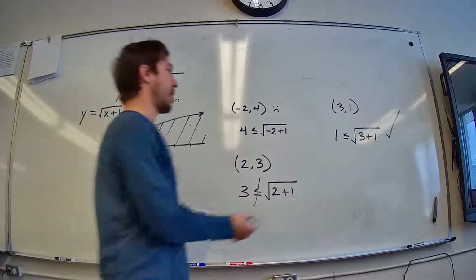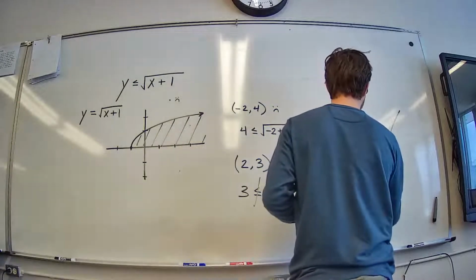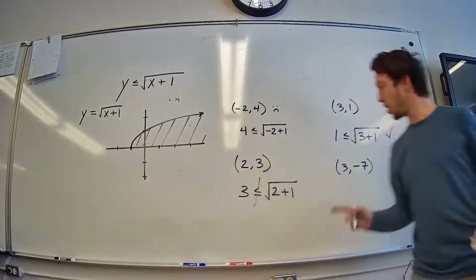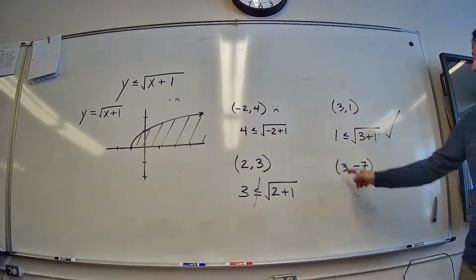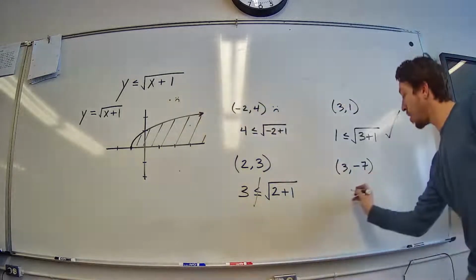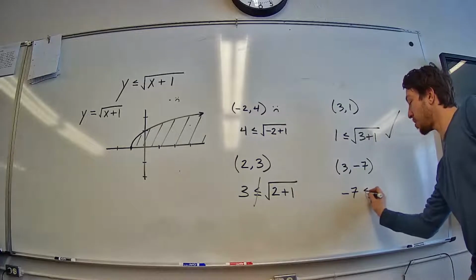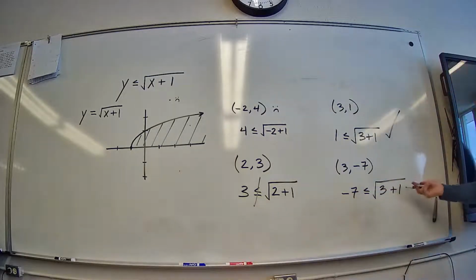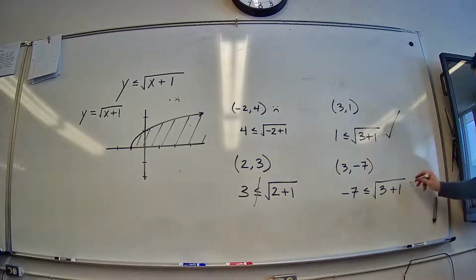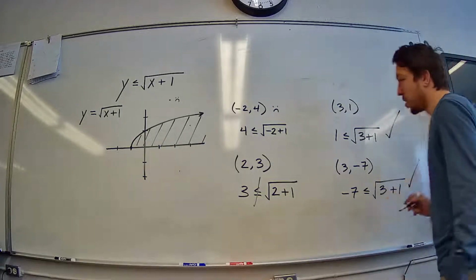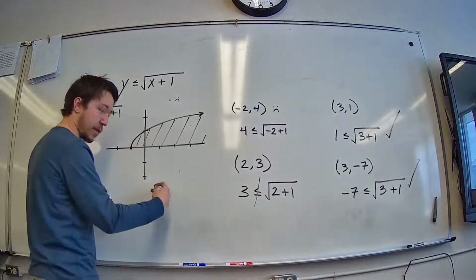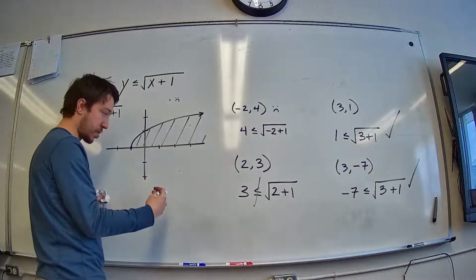Let's try one out. How about a point like 3, -7? A point way down here. Does that satisfy this equation? Is -7 less than or equal to the square root of 3 plus 1? That is true. So that tells me any point down here also works.